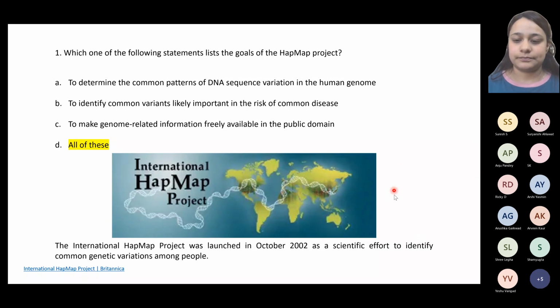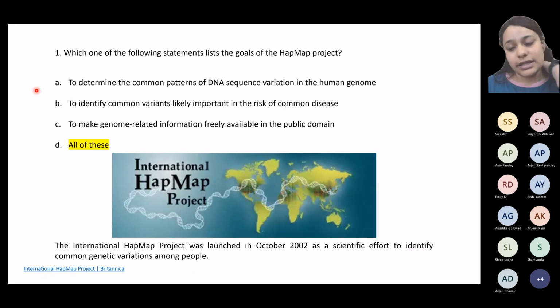Just a moment. Yeah, so the International HapMap project was basically launched in October of 2002, right? It was after the first rough draft of the Human Genome Project had been published in Science and Nature. After that, this International HapMap project was launched, and what it aimed at was to identify common genetic variants among people, right?